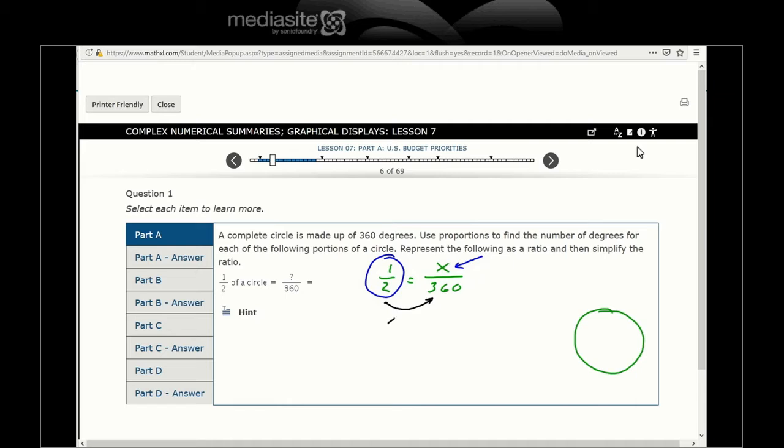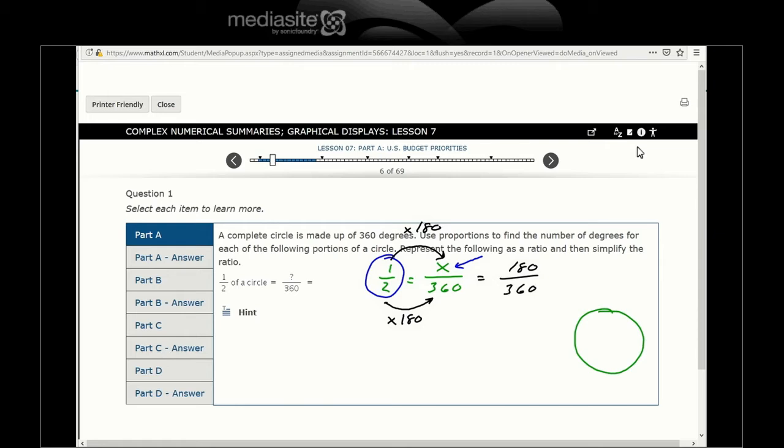Well, 2 times 180 is 360. Of course, what we do on the bottom we have to do on the top. So multiply 1 by 180, which gives me 180 over 360.